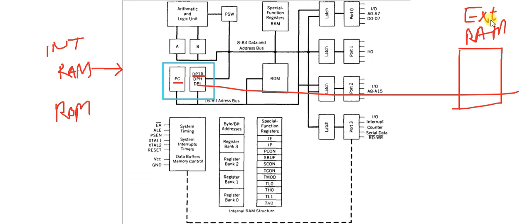If we require to connect external RAM, then the use of this pointer comes into the picture. Otherwise, you can use this DPTR as general purpose data storage.